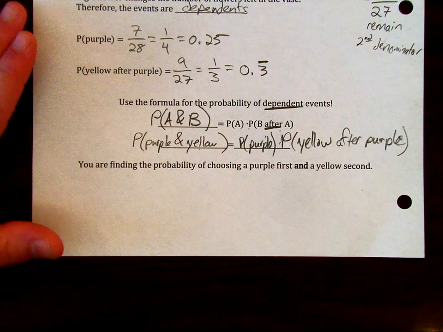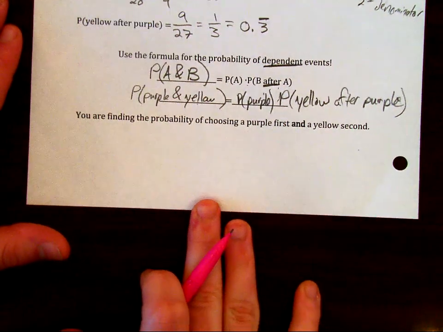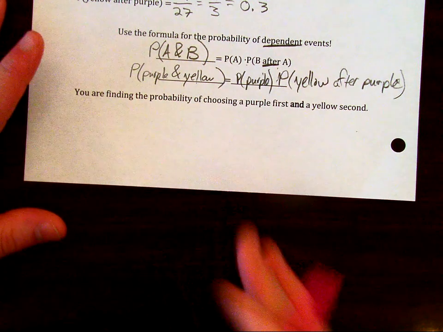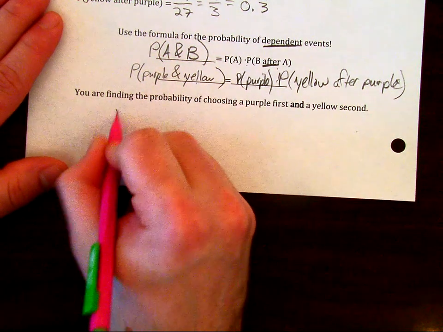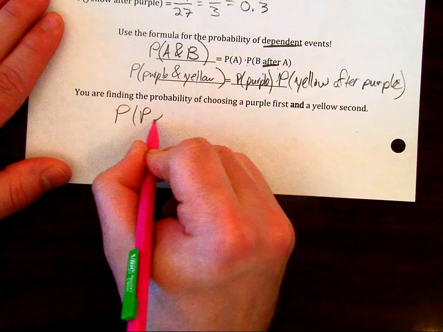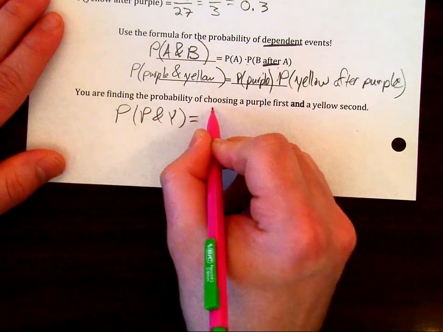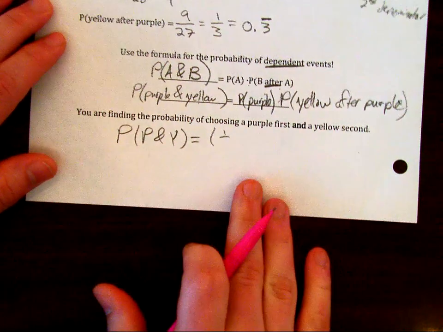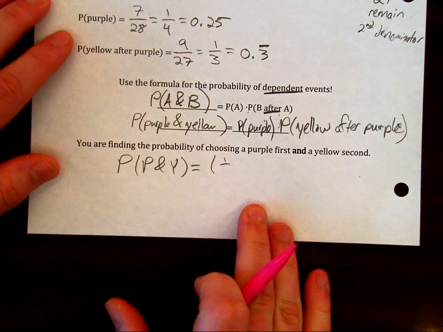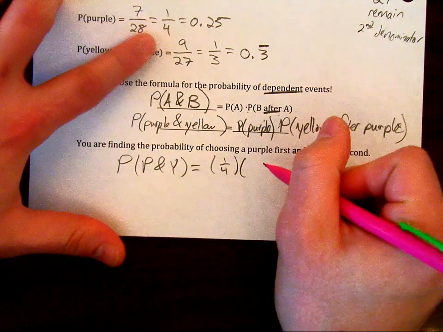So the probability of a purple and a yellow: what's the probability of the purple? Well, it is 1/4. Probability of a yellow after a purple was pulled is 1/3.